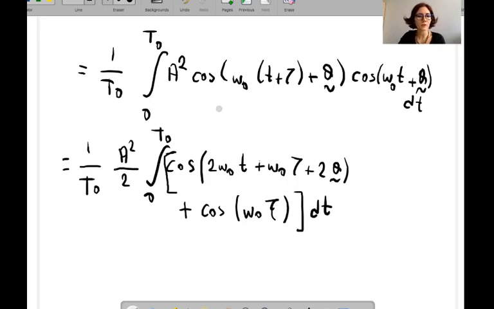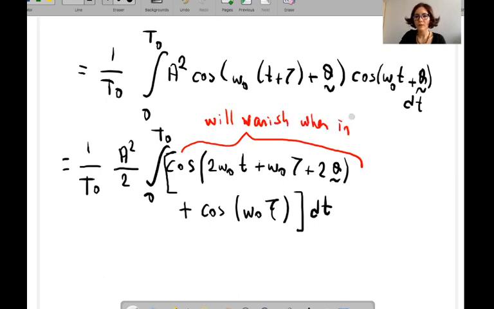So let's just note that this first term will vanish when integrated. And then you will be simply left with this second term, right? Cosine omega 0 tau.